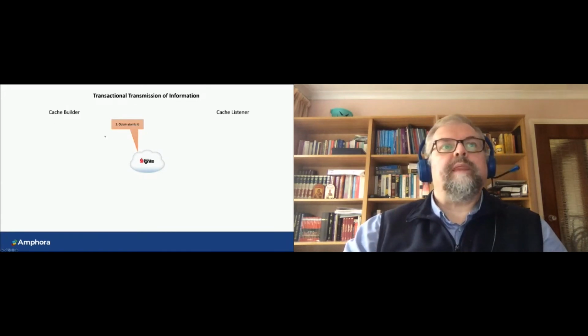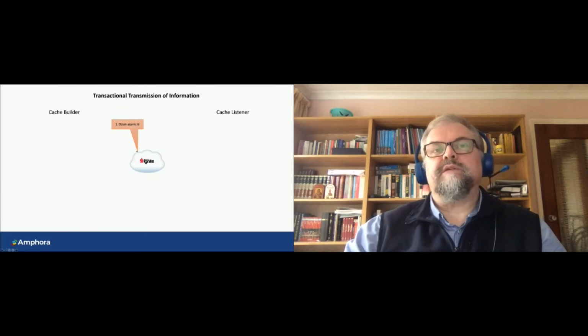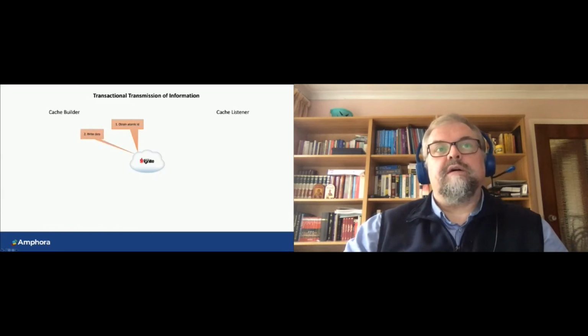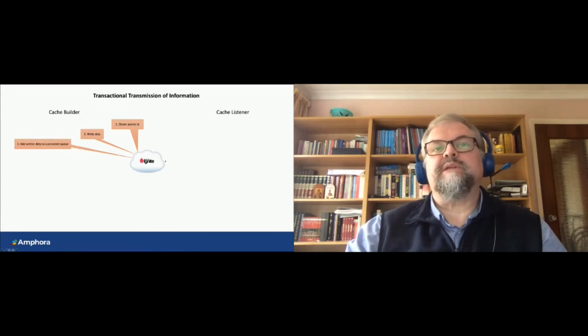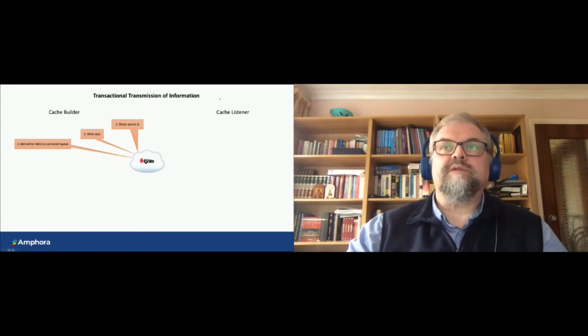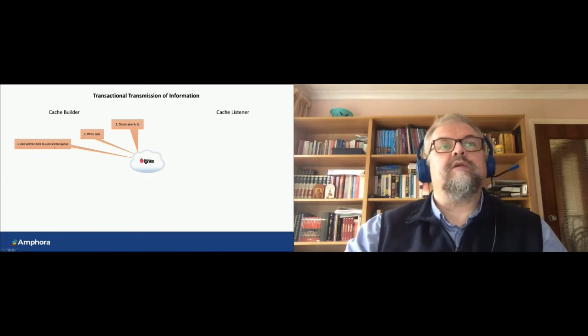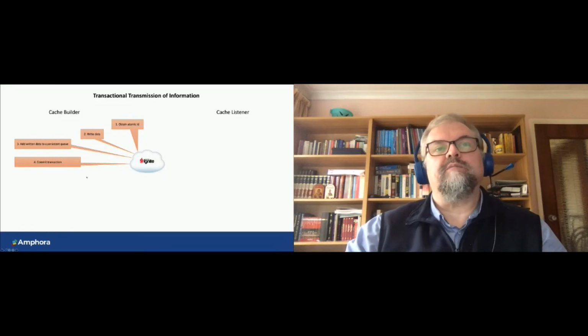So the builder starts by obtaining an atomic ID. This is one of the elements that I was mentioning. The Ignite API has a function to generate sequences, to generate atomic longs. Then the builder opens an Ignite write transaction, writes the data, then it uses a persistent queue that will be used by the listening side, writes into the persistent queue, and commits the transaction.